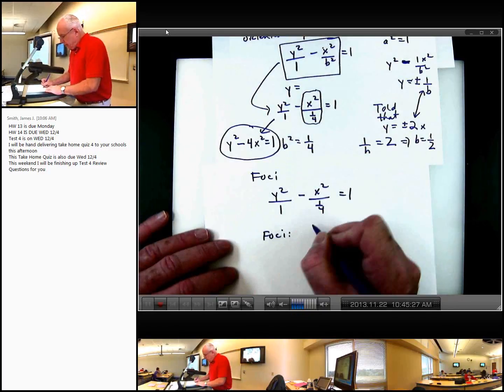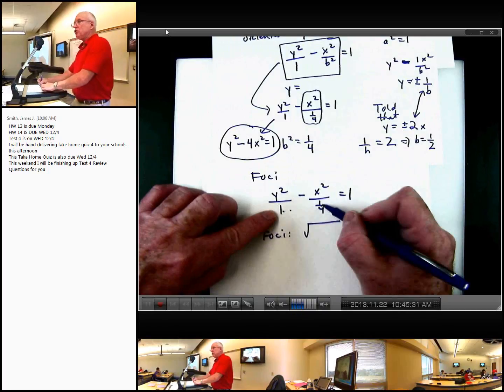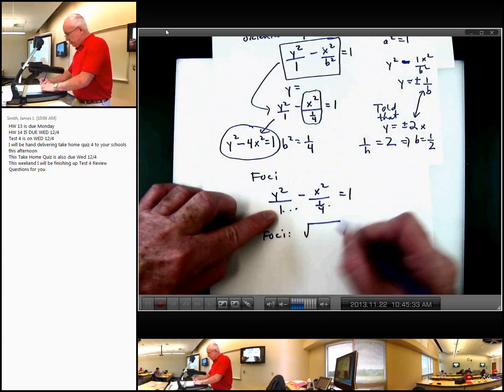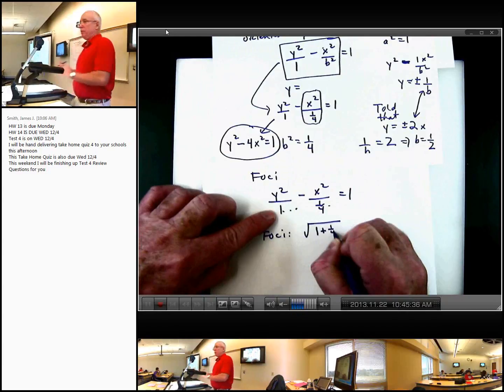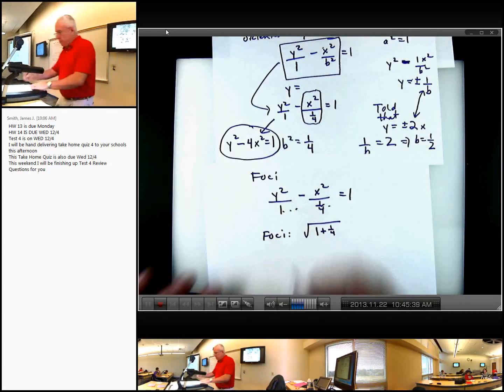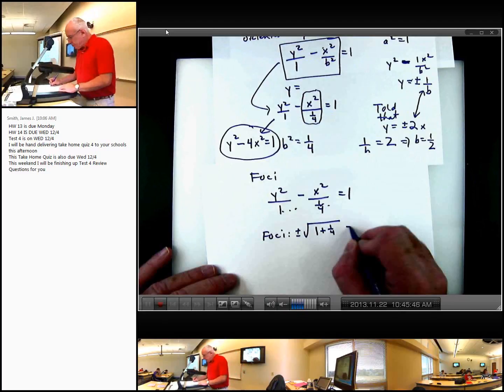For the foci, we do the square root of adding these two numbers together. So that's the square root of 1 plus 1/4, and it'll be plus or minus. Okay? Now, we could also fiddle with this a little bit too. This is plus or minus.